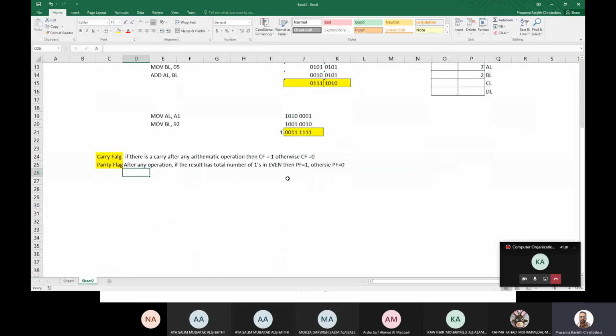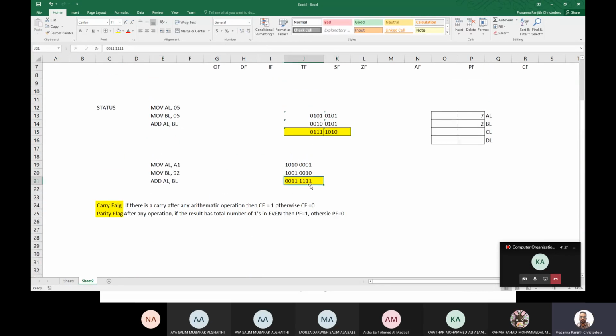Like for example, let's take the same example, okay? You are adding AL, DL. This one will not be there. This is carry, okay? Now here in the result, how many ones are there?